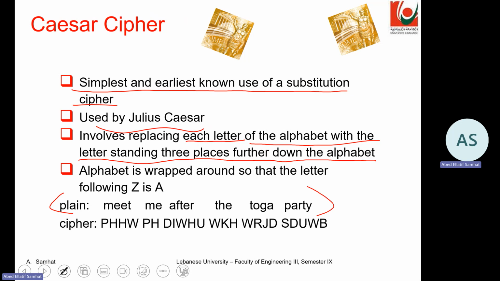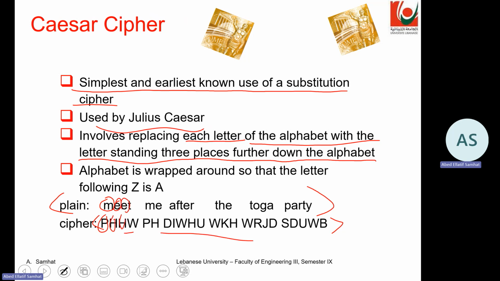Typically, we write the plain text in lowercase letters, and the ciphertext in uppercase letters. So here, in "meet me after", M is encrypted and substituted to be P, E to H, and so on.